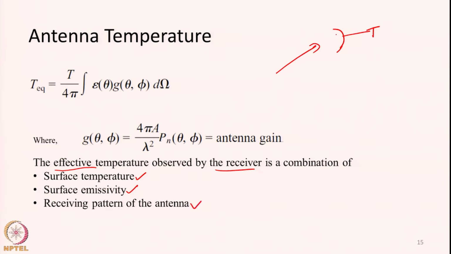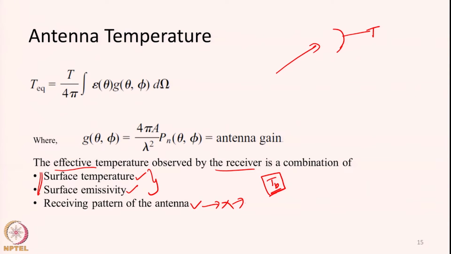So, if we want to get only the surface information, we should remove this and have only these two. Normally, whenever satellite providers provide us the brightness temperature information, they will do calibration to remove this antenna effect and provide us only the brightness temperature information containing signals about the earth surface. Okay.